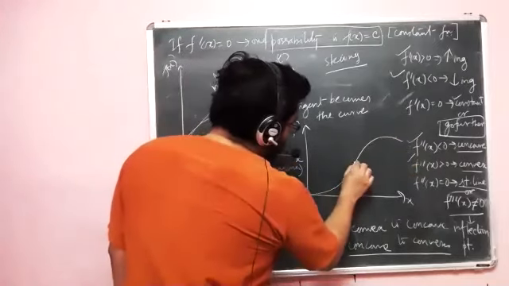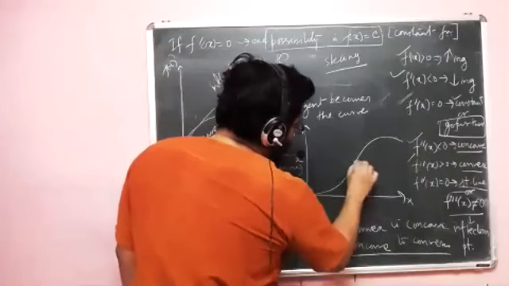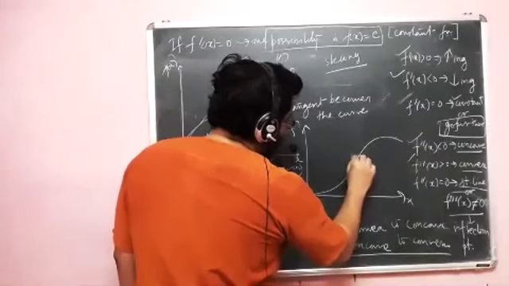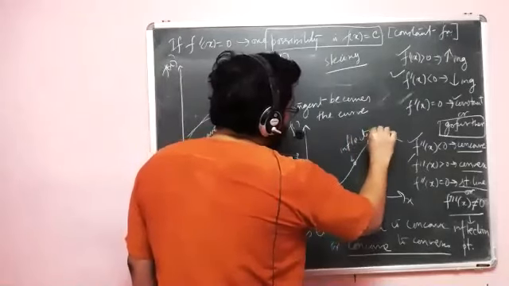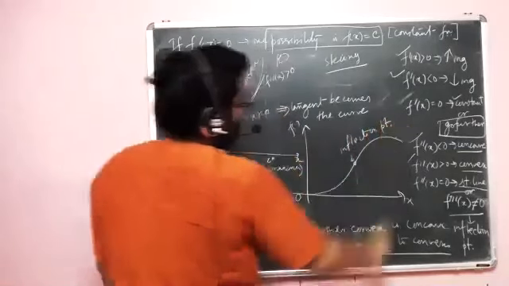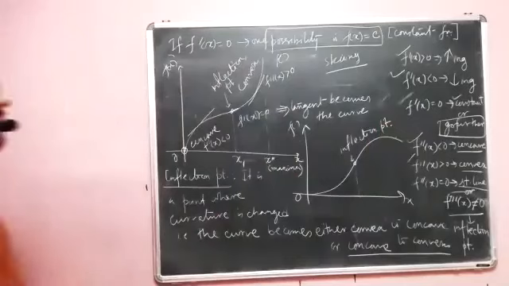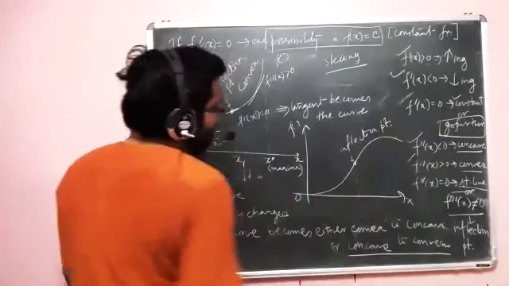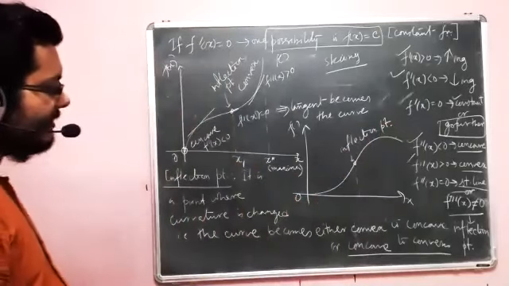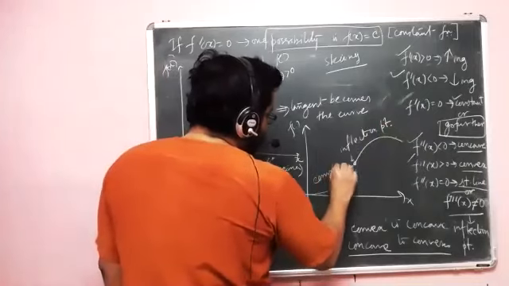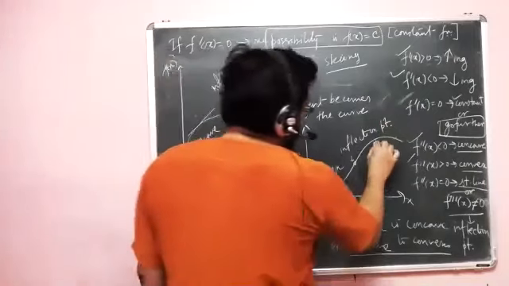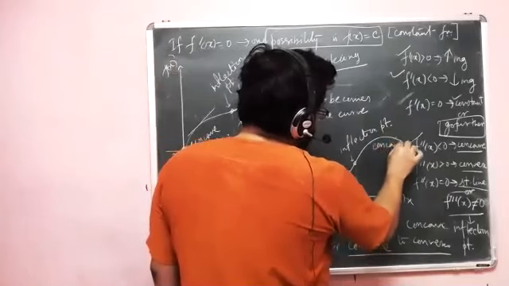So here is some point where you have the inflection point, where around the point it's as if the curve becomes a straight line, going from convex to concave.